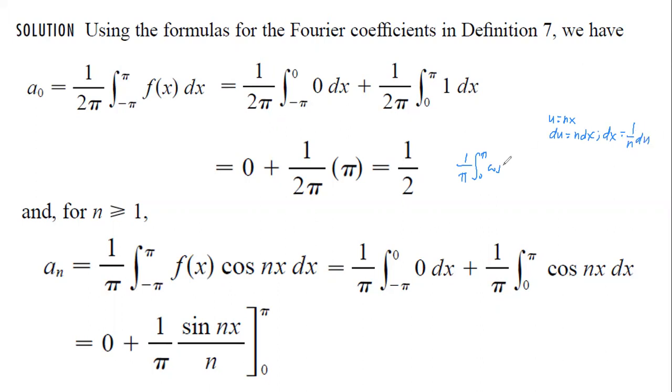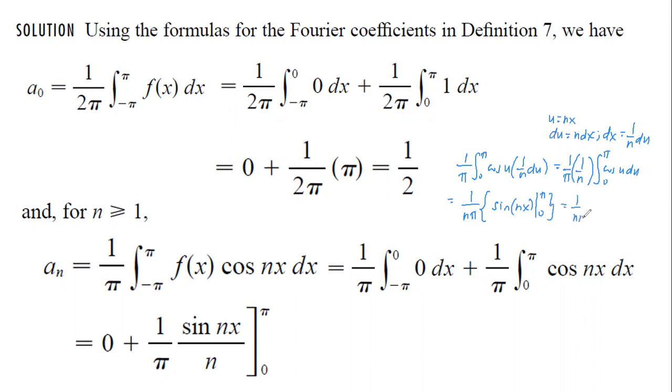So cosine u times 1 over n du. So 1 over pi, we can factor out 1 over n, times the integral of cosine u du from 0 to pi. So 1 over n pi, then the integral of cosine is sine, so we can rewrite this as sine of u, which is nx, evaluated from 0 to pi.